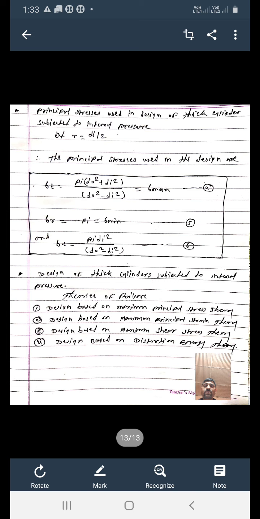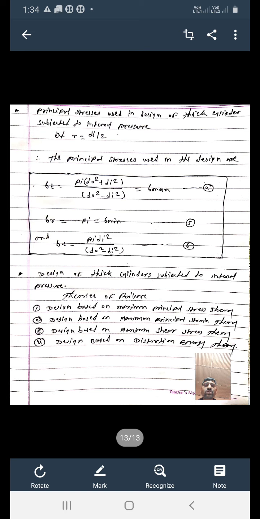Remember that there are four theories of failure used for the design of the thick cylinder subjected to internal pressure, only internal pressure, not external. First, design based on the maximum principal stress theory. Second, design based on the maximum principal strain theory. Third, design based on the maximum shear stress theory. Fourth, design based on the distortion energy theory.